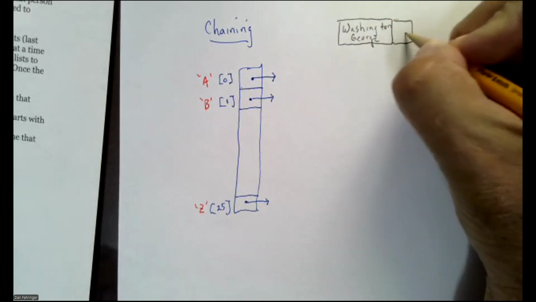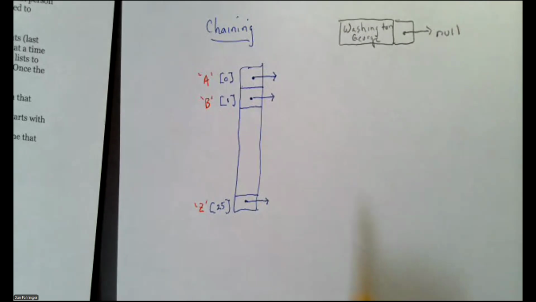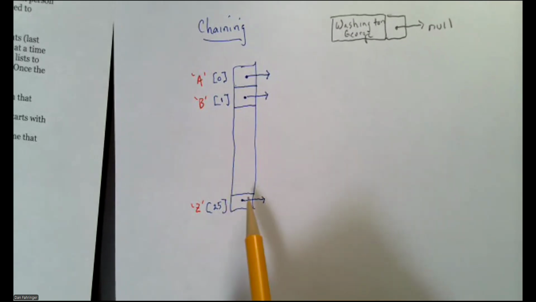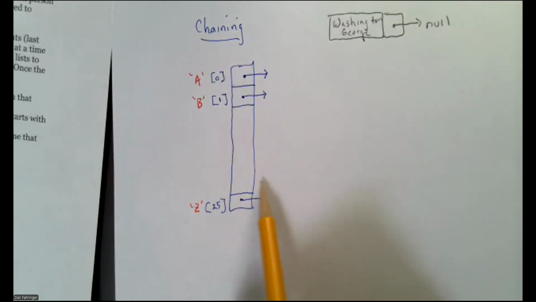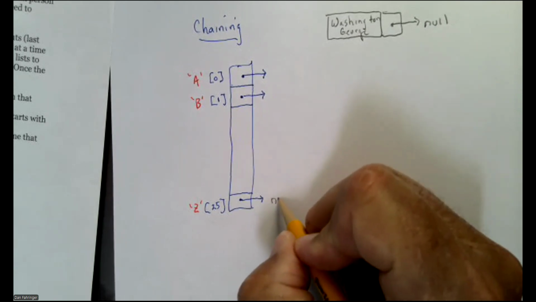And it would have a pointer to null. Wherever W is, which is like W, X, Y, Z, would now point to George Washington. Right now, these point to null.